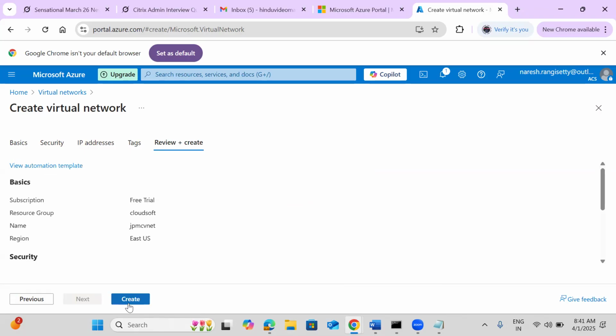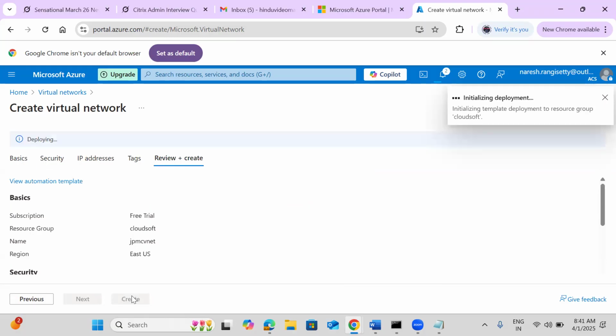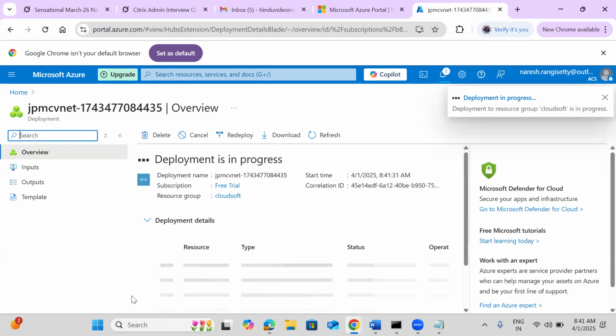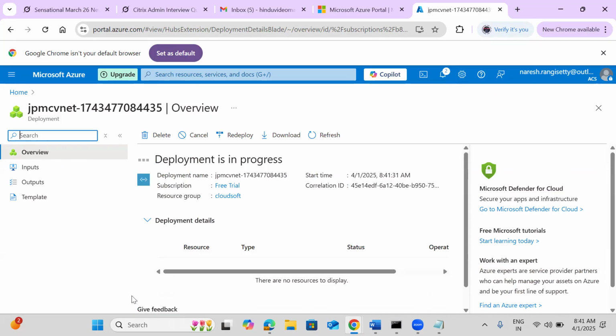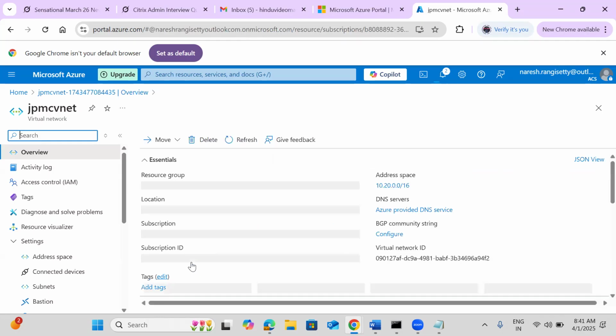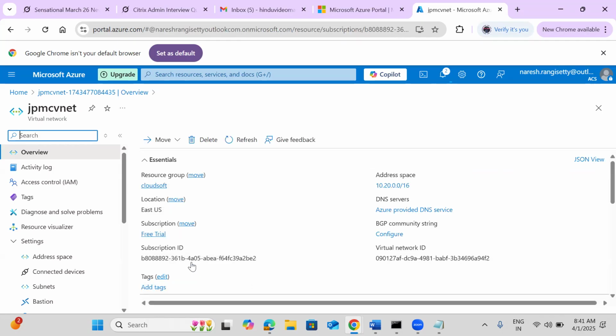Okay, so now here I'm going to create my VNet. Okay, so now that VNet and subnet endpoints, all of these have been created.